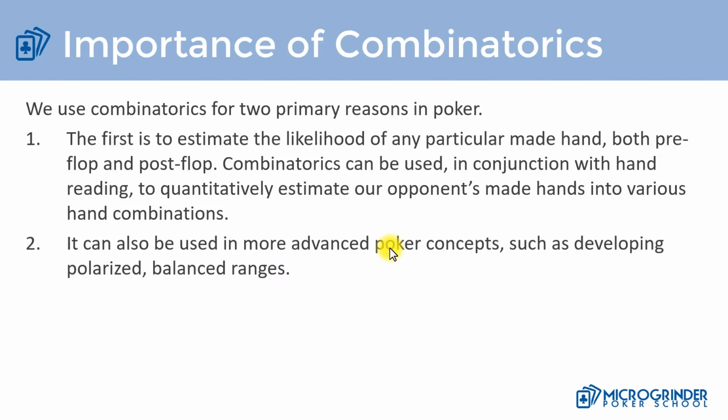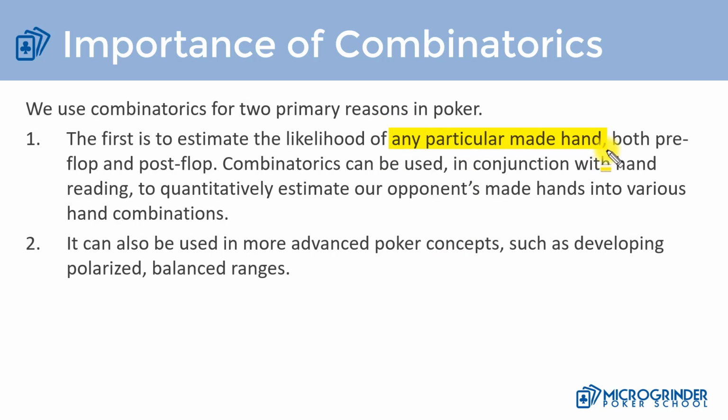So knowing that, what's the importance of combinatorics? There are 2 primary reasons. The first one is to estimate the likelihood of our opponent having any particular made hand, or really any particular hand, both pre-flop and post-flop.